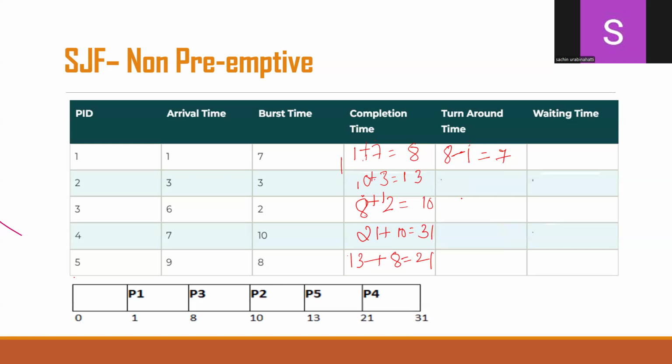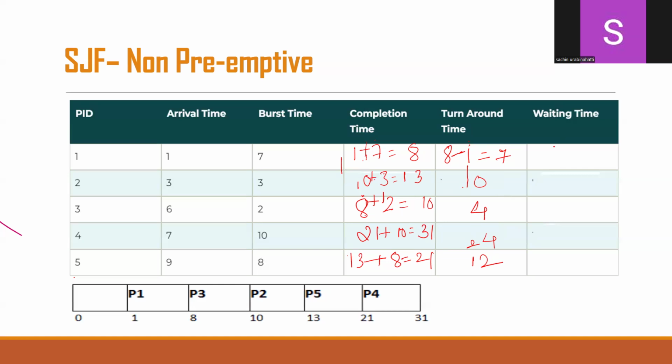Similarly, if you calculate for this, it will be 10. For this, it will be 4. For this, it will be 24. And for this, it will be 12. Okay, so what is the formula? The turnaround time is completion time minus your arrival time, right? That is how you get the turnaround time for each and every process.